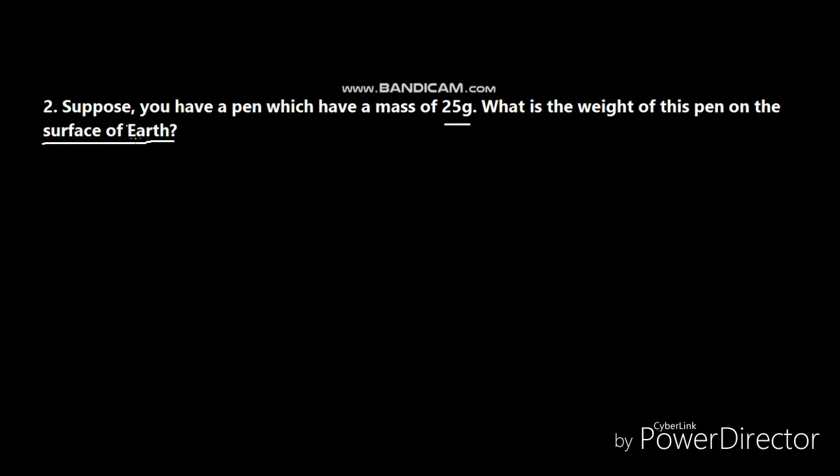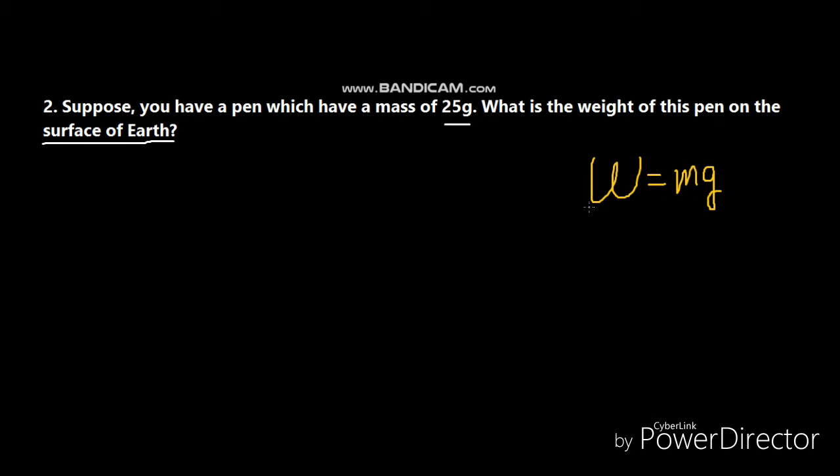This seems to be easier, but the main problem is here, that the mass is in gram, and we know the equation, that is weight W is equal to mass times g, or mg, where m is the mass of the object, g is the gravitational acceleration and W is the weight.